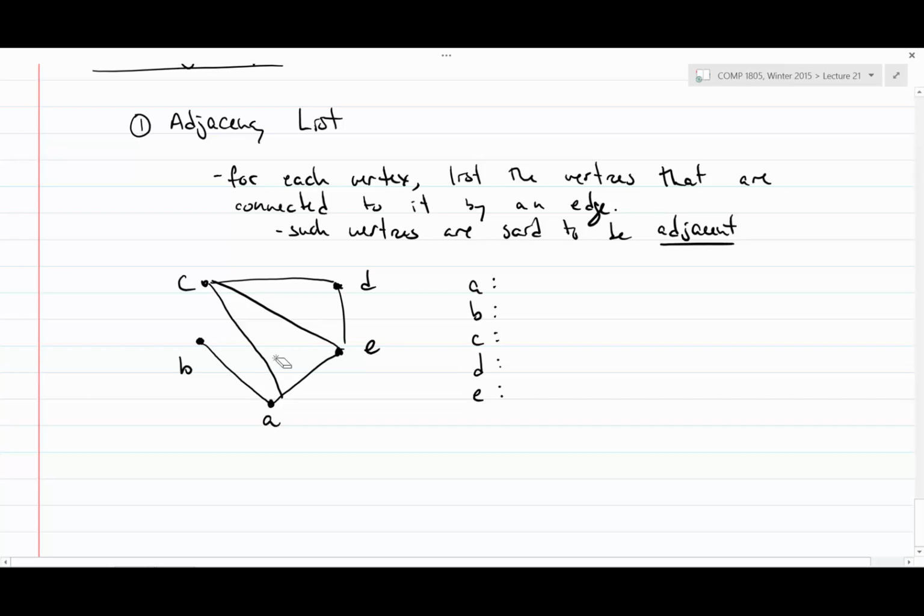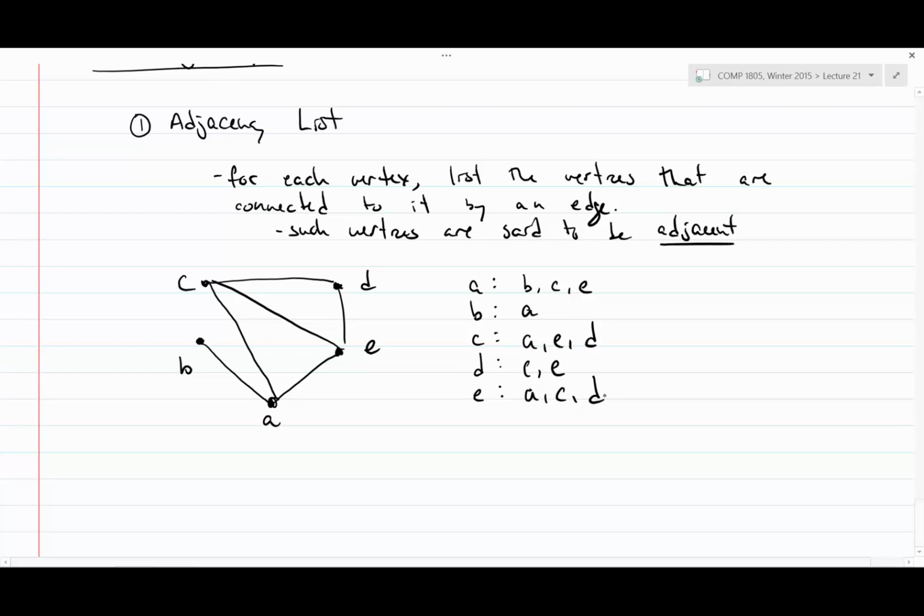Beside vertex A are vertices B, C, and E. What's beside vertex B? Just A. What's beside vertex C? A, E, and D. What's beside vertex D? C and E. And beside vertex E: A, C, and D. So this is the adjacency list for this graph.